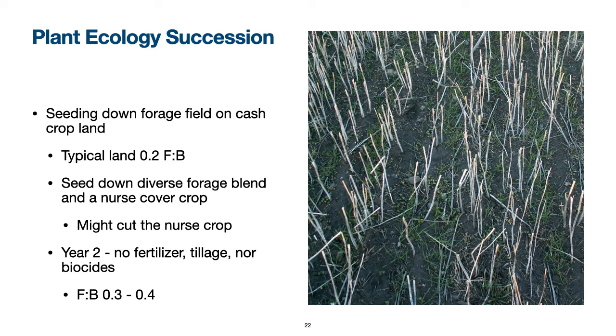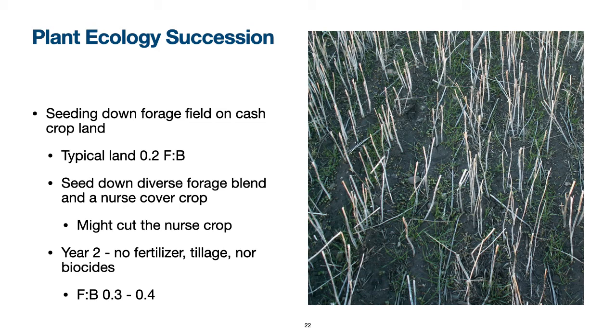So we'll do a bit of a case study. We're going to be taking some cropland and we're going to seed it down to forage. If we look at a typical cash crop land, and we're assuming that the fungal to bacteria ratio is around 0.2, we're going to be seeding down a diverse forage blend with a nurse cover crop, and we have the option of taking that nurse crop off as a hay crop.